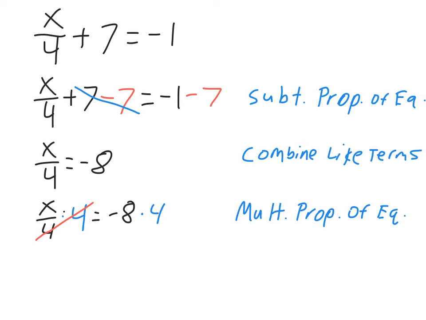Whenever you undo something, it cancels out, leaving x equals, and then negative 8 times 4 will give us negative 32. That's your answer, and remember you can go back, check your work by plugging it back in to the original equation and seeing if it works.